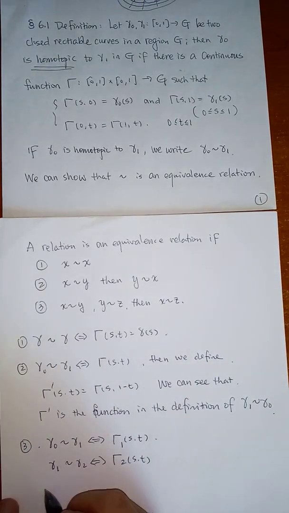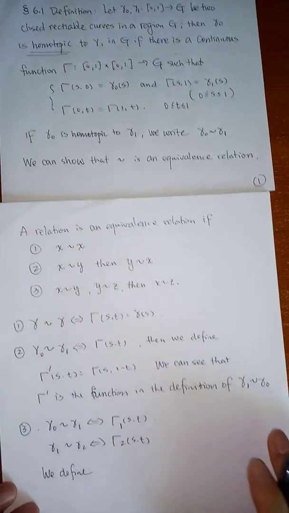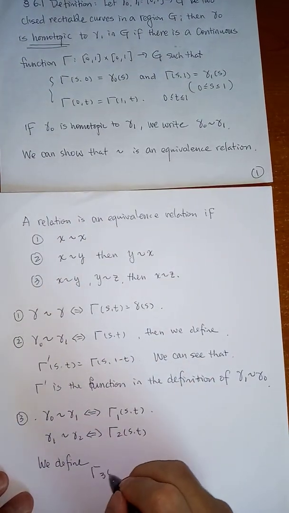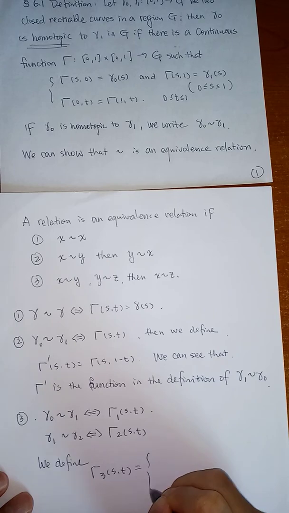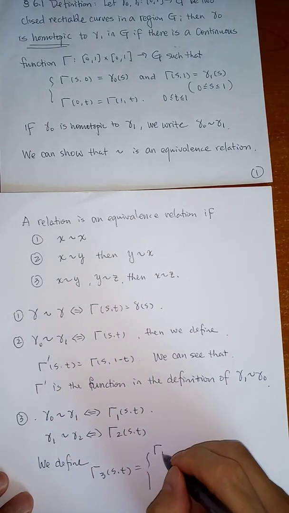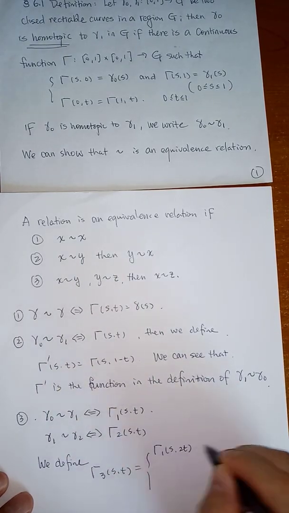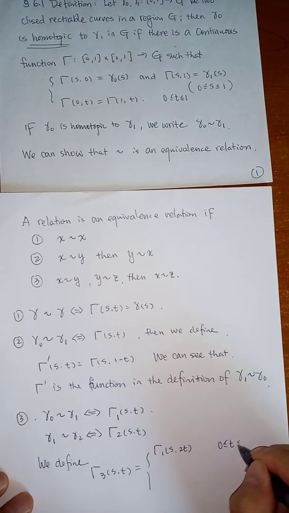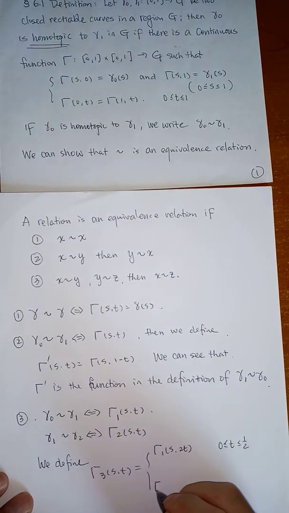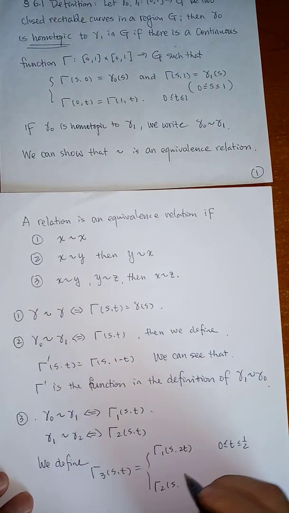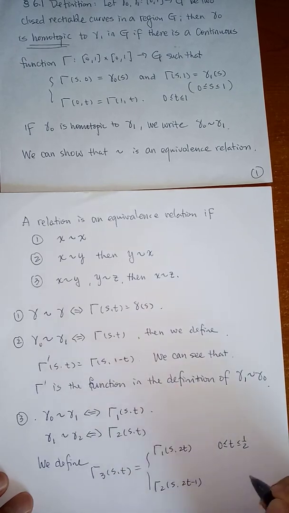Then we define capital Gamma 3(S, T) to be capital Gamma 1(S, 2T) if T is between 0 and 1/2, and capital Gamma 2(S, 2T minus 1) if T is between 1/2 and 1.